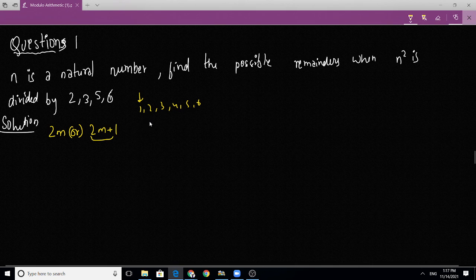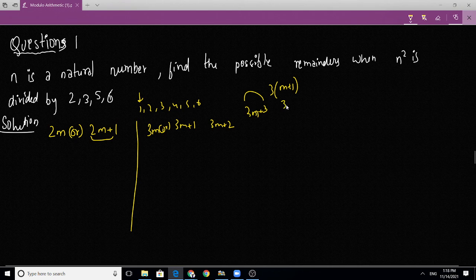So every number can be written in the form of 2m or 2m plus 1, or it can be written as 3m or 3m plus 1 or 3m plus 2. If you write 3m plus 3, I can take 3 common and write it as 3 into m plus 1, which is 3q or 3m.